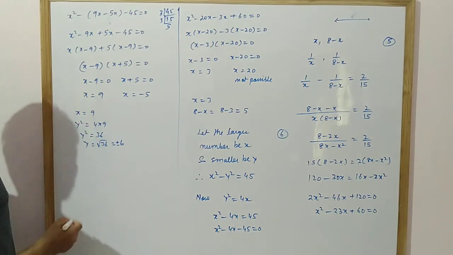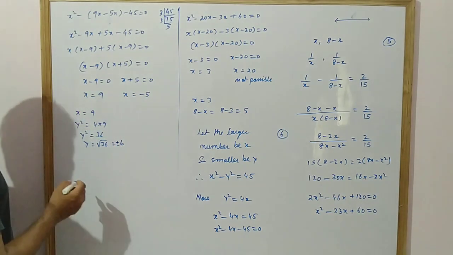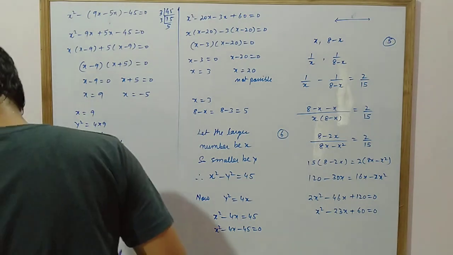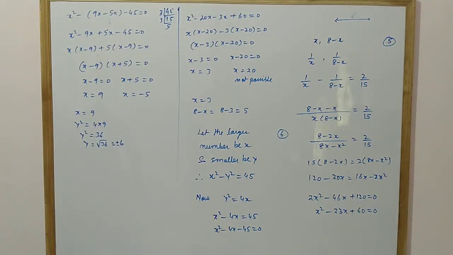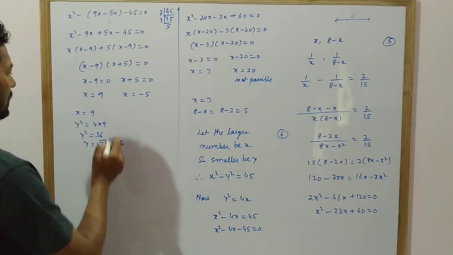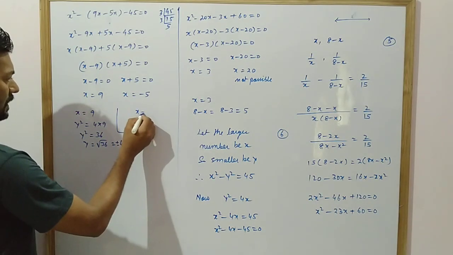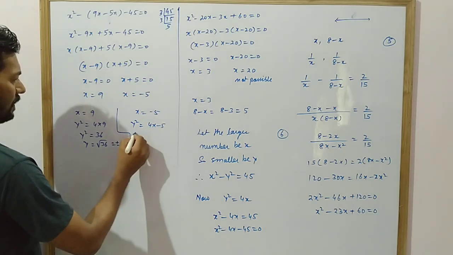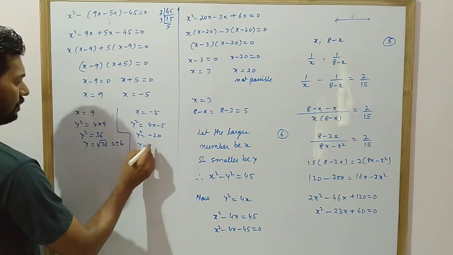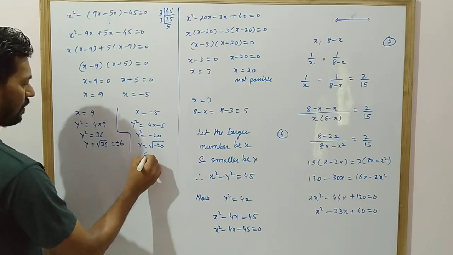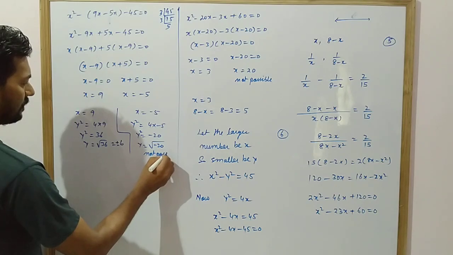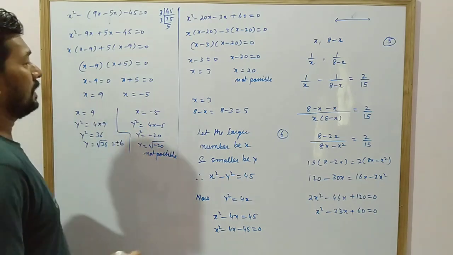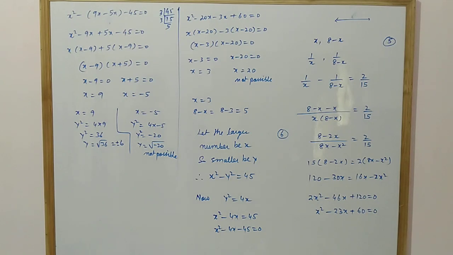And for the next, x equal to minus 5, y square is 4 into minus 5, that is minus 20, so y equals root of minus 20. This is not possible. So our values are x equal to 9 and y equal to 6. Okay. Next.